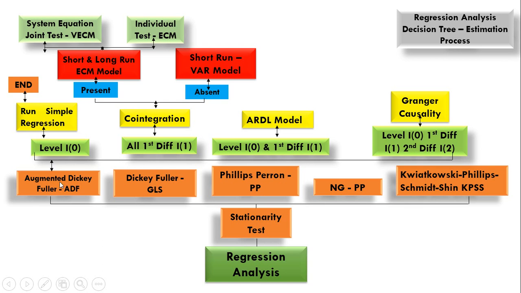Having said that, we're going to dwell on the decision tree that you make while you run your ADF stationarity test as well. Then going further, we'll say that there are basically four outcomes that are visible when you run your ADF.